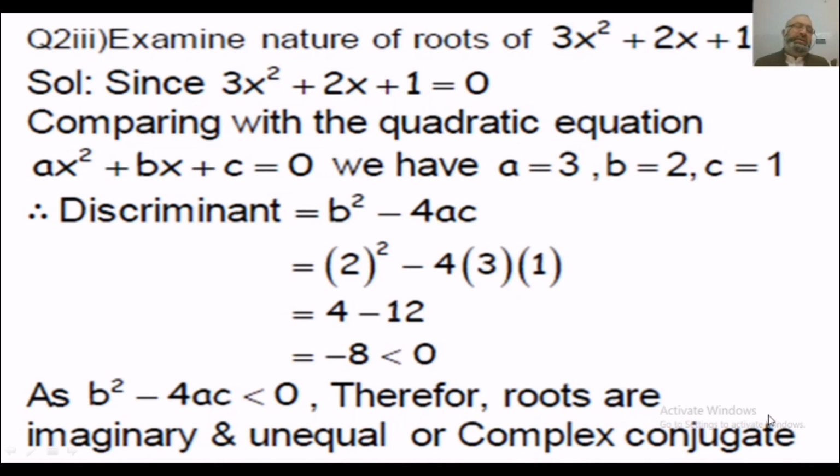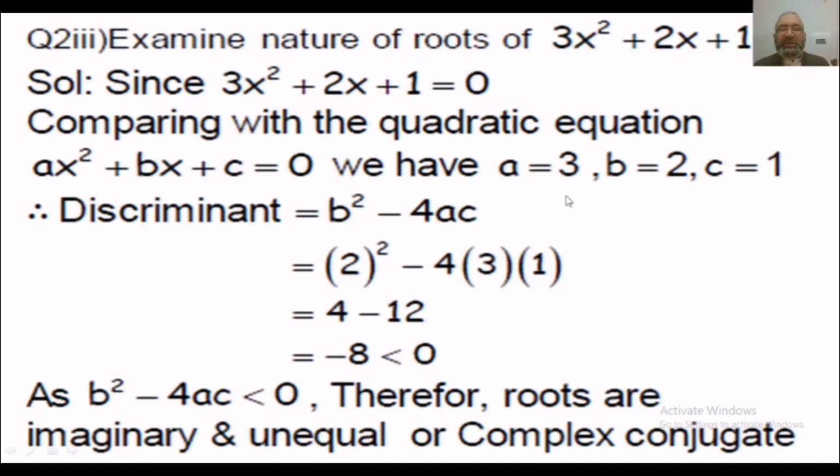Next, question 2, part 3. Examine the nature of the roots of this quadratic equation, 3x square plus 2x plus 1 equal to 0. So comparing this quadratic equation with the standard form of the quadratic equation, ax square plus bx plus c equal to 0, we have a is equal to 3, b is equal to 2 and c is equal to 1.